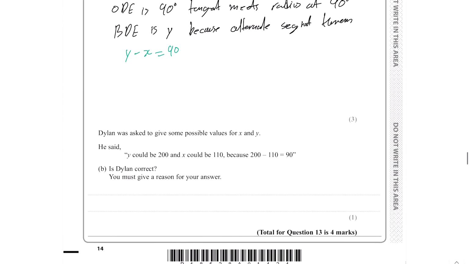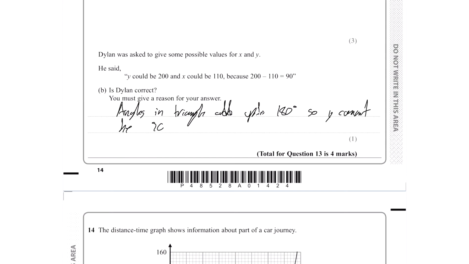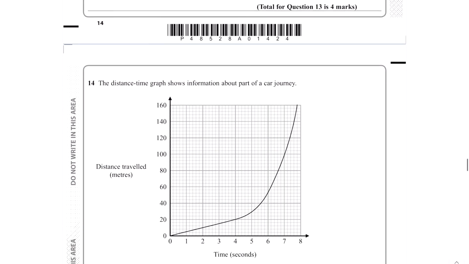Now angles in a triangle must add up to 180, so y cannot be 200. So in this case, you can write angles in a triangle add up to 180 degrees, so y cannot be 200 degrees.